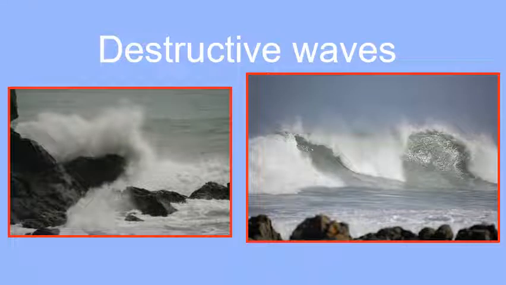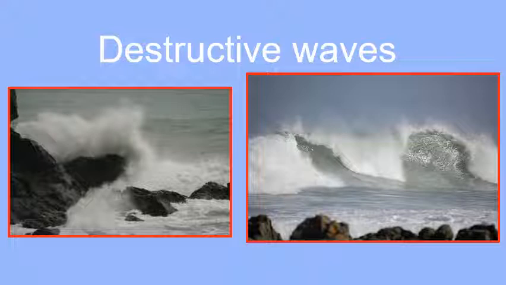Now there are many different waves. And the first type of wave that we are going to look at are waves that we refer to as destructive waves. Now look hard at those photographs. Without considering specifics at this point, I want you just to look at those photographs and to pick up the sense that destructive waves are powerful waves.